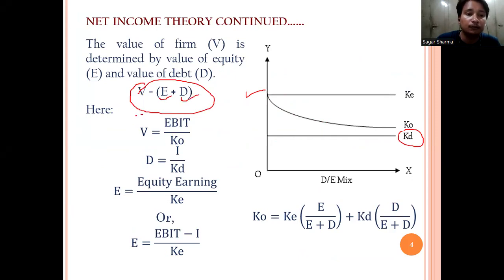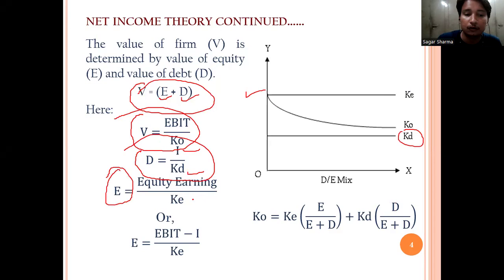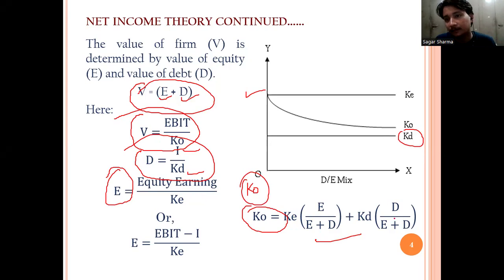So value of firm, we can take the alternate formula EBIT divided by overall cost of capital, and D is calculated by interest upon cost of debt, and E you can calculate by equity earning upon cost of equity. If you want to calculate the KO, meaning overall cost of capital, you can use this formula: KE into E upon E plus D, plus KD into D upon E plus D. E plus D is nothing, it is the value of firm.